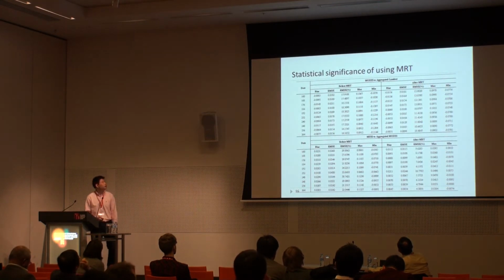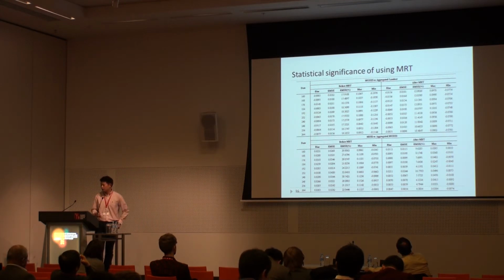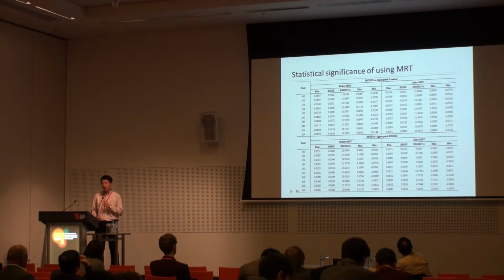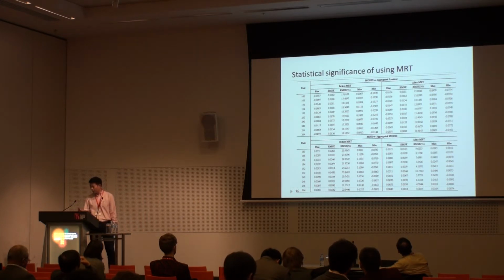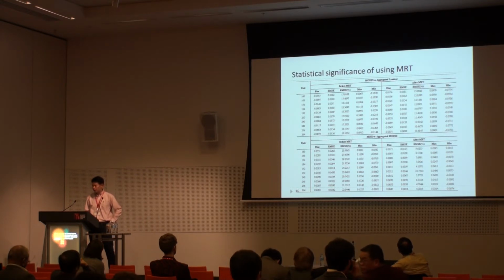Here's some statistical significance of using MRT. We can see generally the bias between products decreases, except for a few cases. But if we look at the relative RMSE, it decreases quite significantly. For example, in the left top between the MODIS and aggregated Landsat data, we can see around 18% difference.